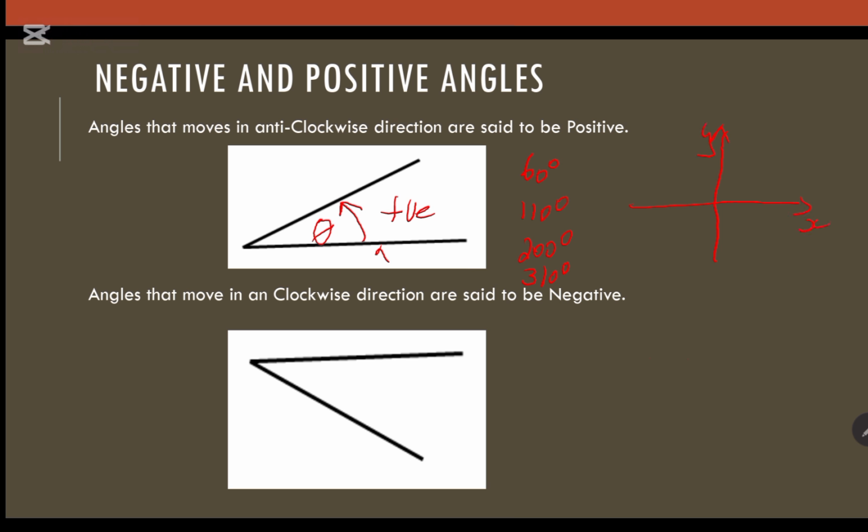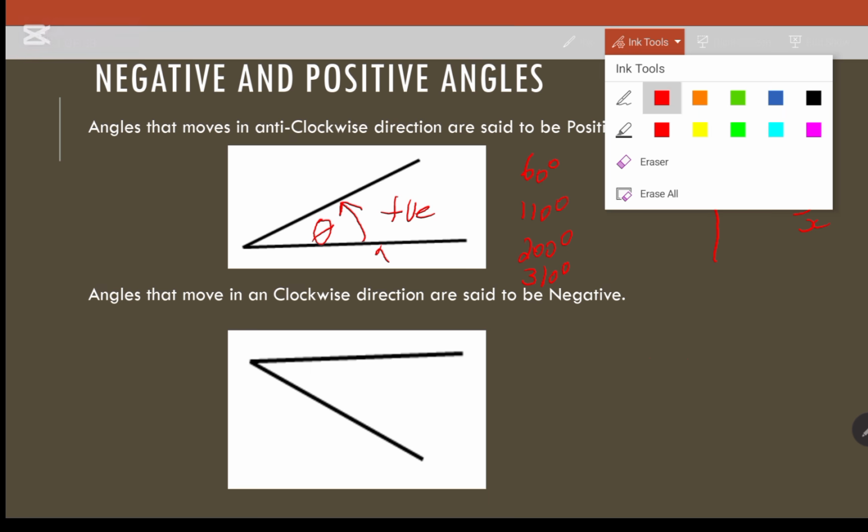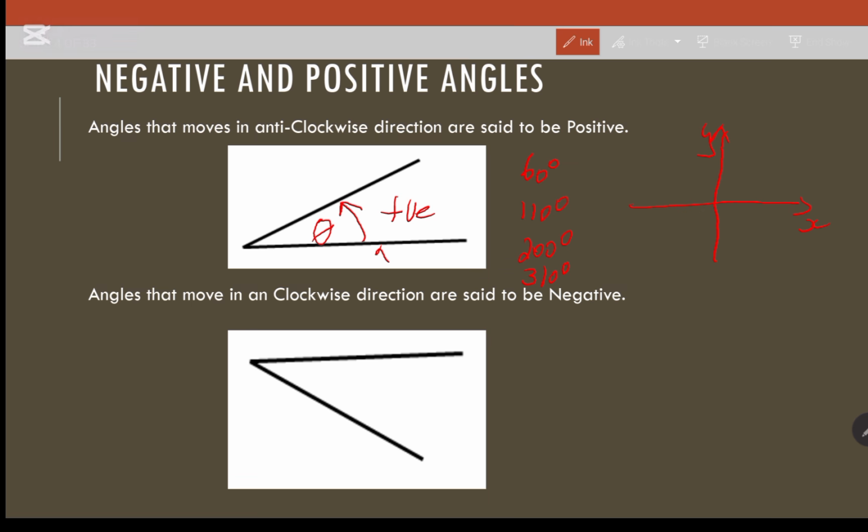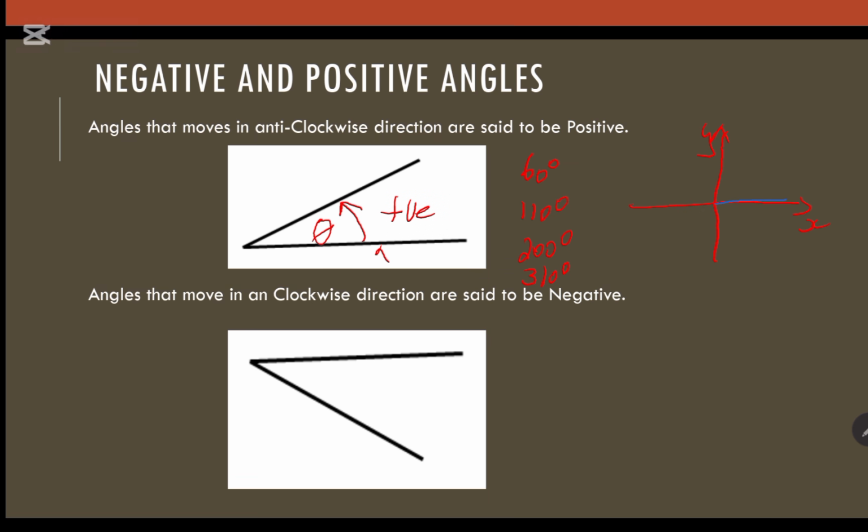Now, let me just use a different color so that this will be visible. Now I'm saying the other arm lies here on the x-axis and the terminal arm opened there, forming the 60-degree angle. Now this angle goes in anti-clockwise direction. The other angle that we have is 110 degrees.